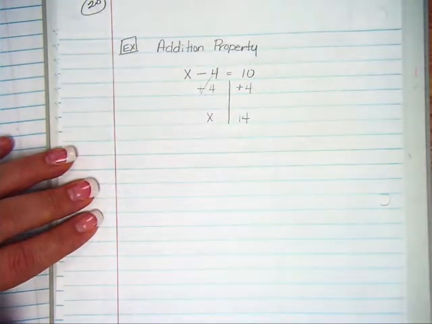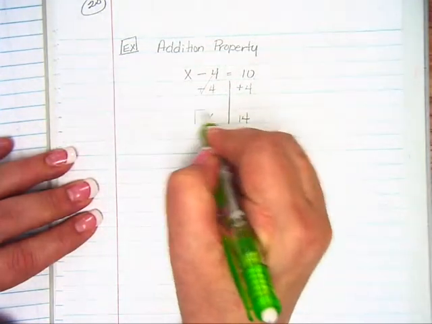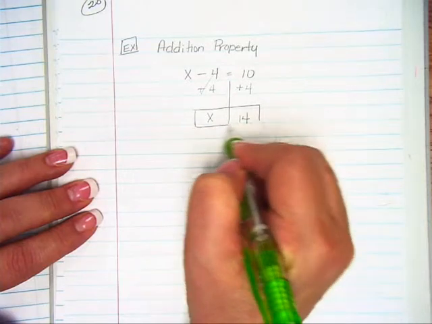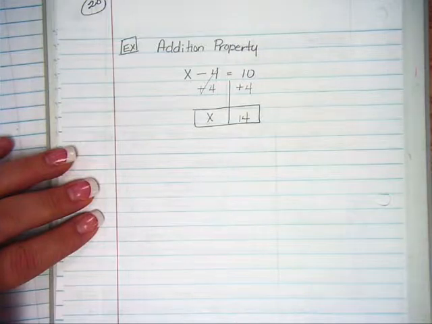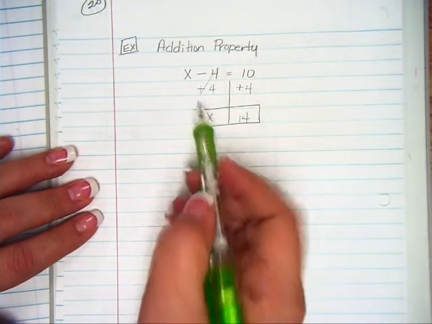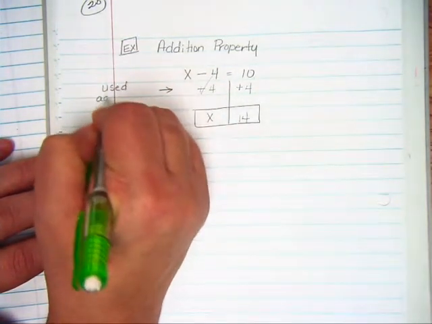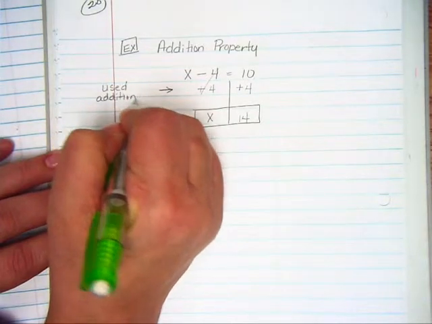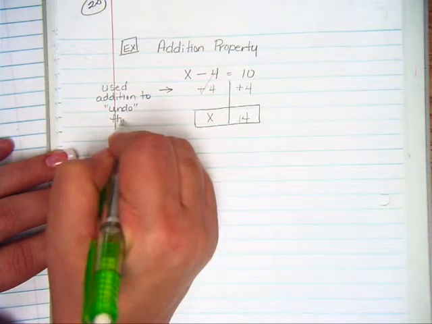You're going, oh my gosh, really? Do we have to do this? Yes, because it's this one step that we'll use in multi-steps later. We're going to start with one-step equations. By the end of the week, we'll be on two-step equations. Beginning of next week, we're going to be on an unlimited number of step equations. All right, so that's the addition property. We used addition to undo the subtraction.